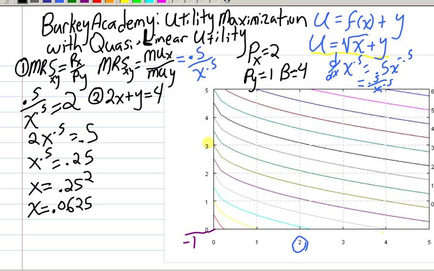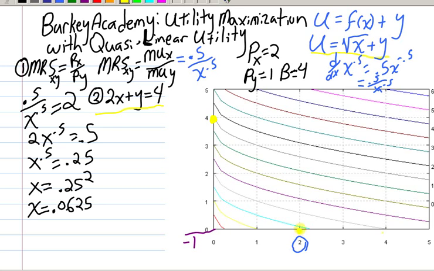So if we have this budget line right here, then with these prices, if we have $4 and the price of y is 1, then we could afford 4 y's. And since the price of x is 2, we could afford as much as 2 x's.